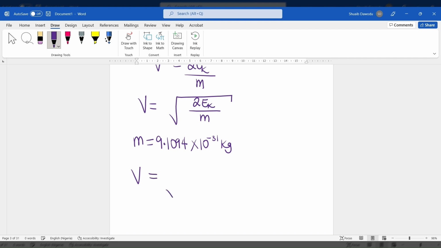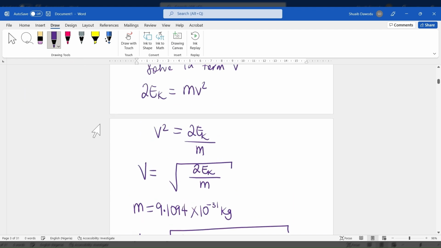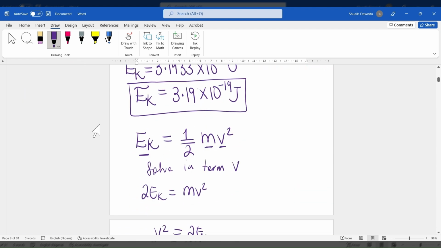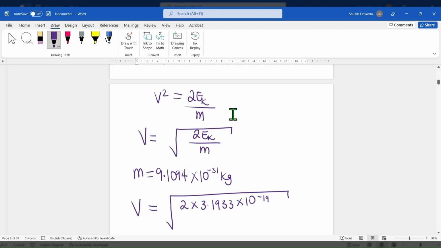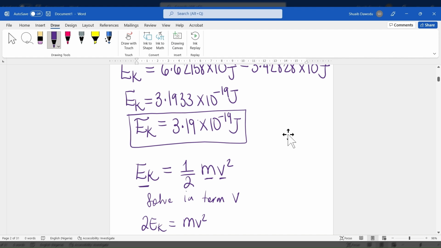So V is equal to the square root of 2 times EK, which is simply 3.1933 times 10 raised to the power of negative 19. Okay, we already know the kinetic energy is 3.1933 times 10 to the power of negative 19 joules.